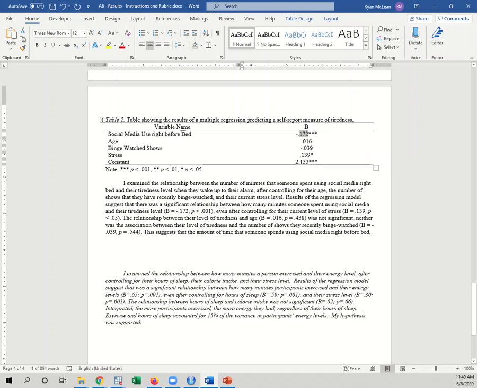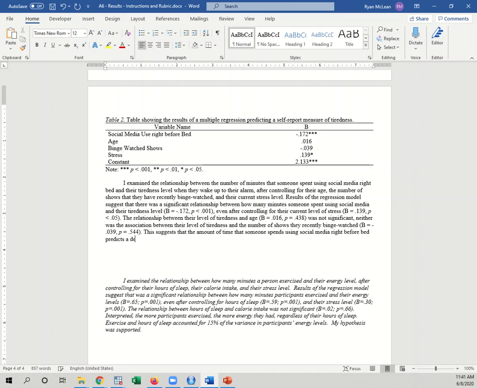So social media right before bed negatively predicts the amount of tiredness. So I could say that the more social media use I use right before bed decreases the amount of tiredness that I show when I wake up, which doesn't make any sense, but sometimes statistics are weird.